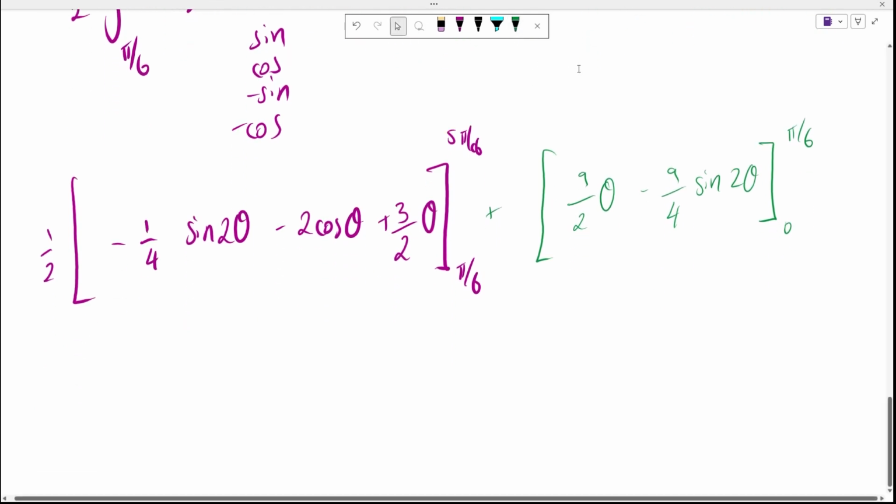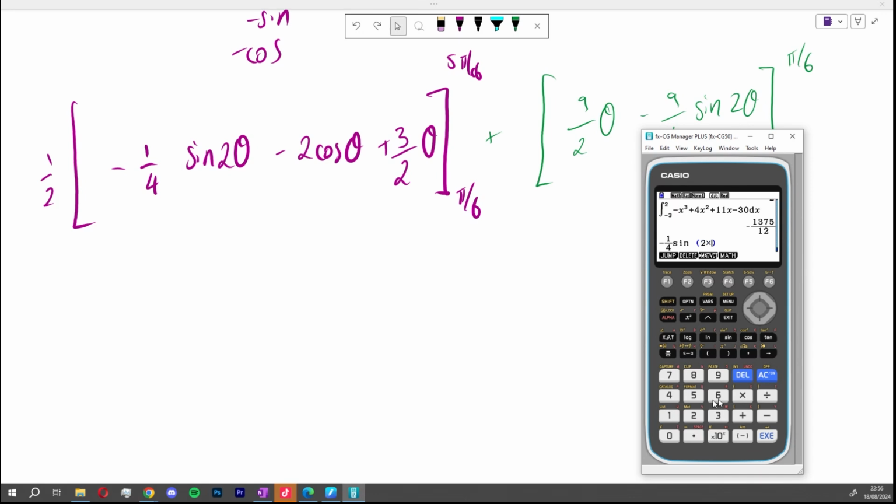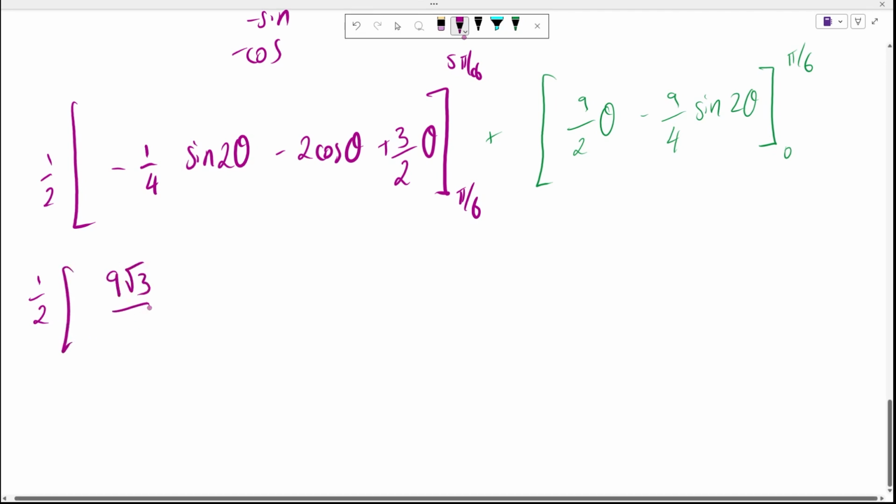And then I just substitute all the numbers in. Now we can substitute it right into a calculator. So what I would do, I would probably just substitute the pi over 6 into all of that, and then do it separately with the 3 over 2 theta. So if I substitute all the numbers in, that gives me 1 over 2, 9 root 3 over 8, plus 3 over 2 times 5 pi over 6.